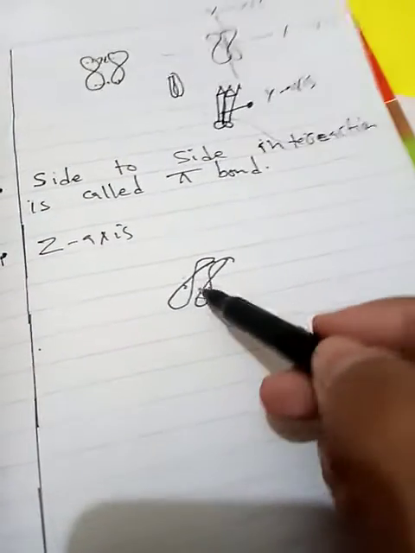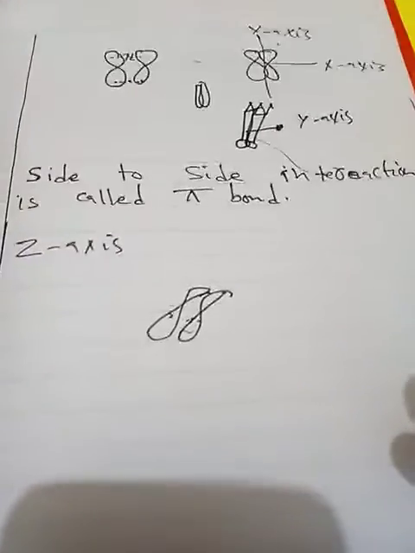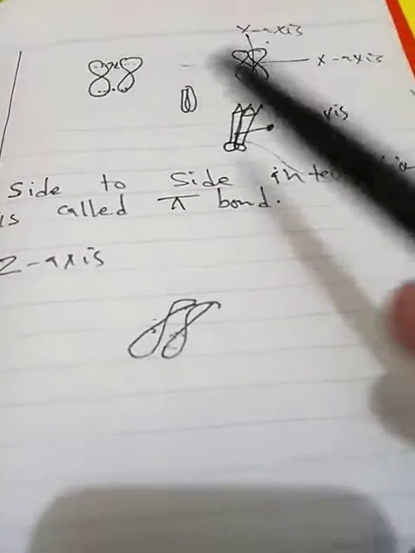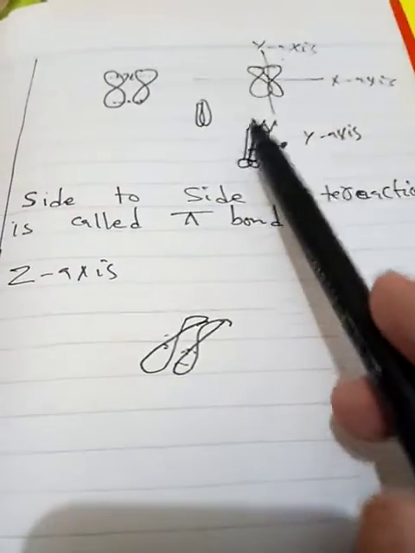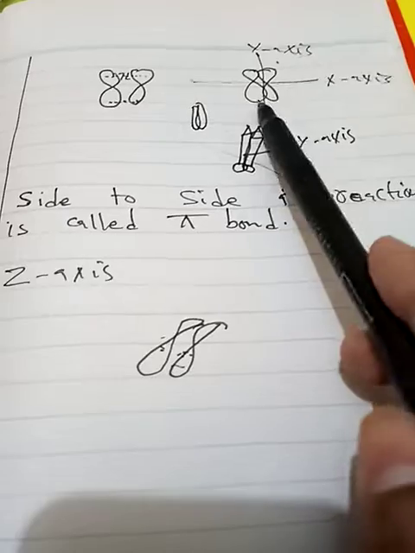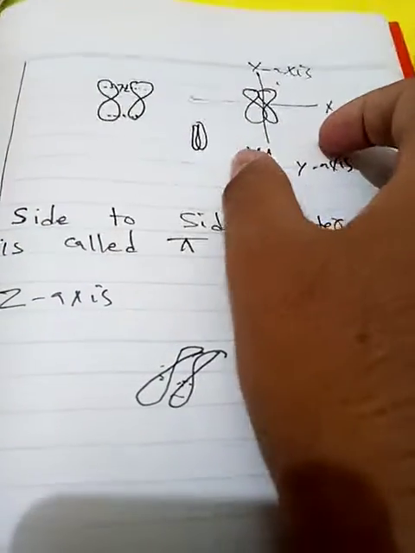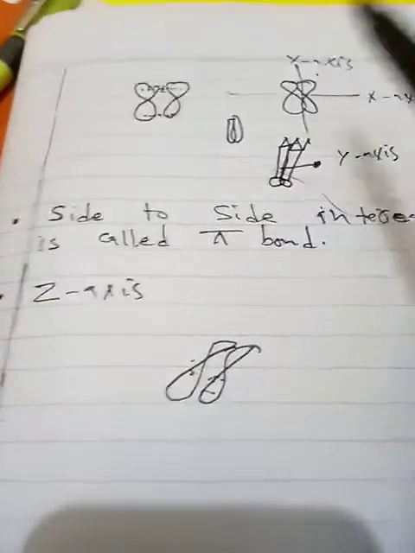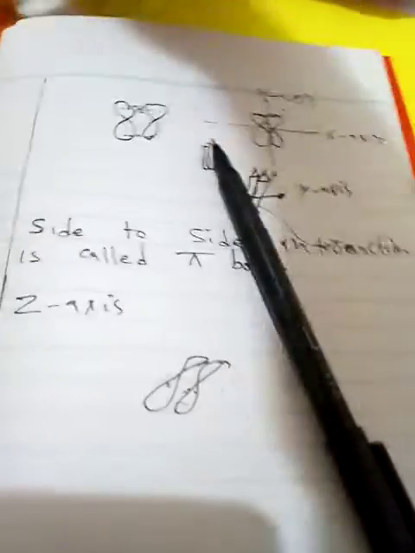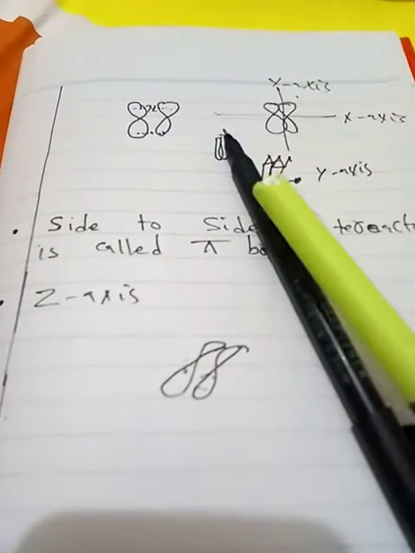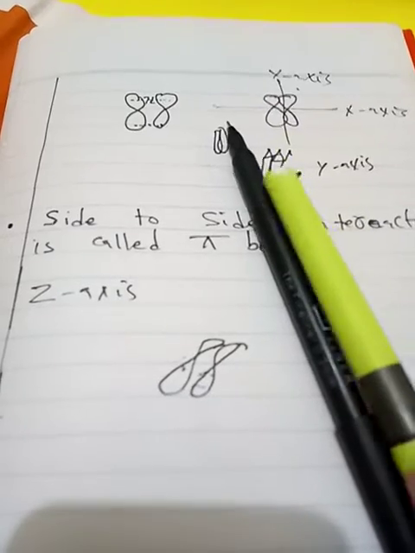They are overlapping. Firstly, let me clear one thing: all the atoms are overlapping each other. They are not bonding like this. They are bonding, or rather overlapping. Like this one is a pen and this one is another pen. So they are in an overlapped form.